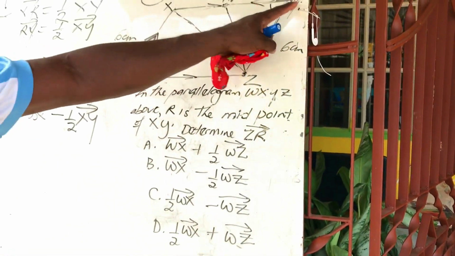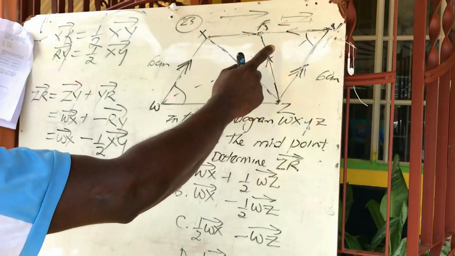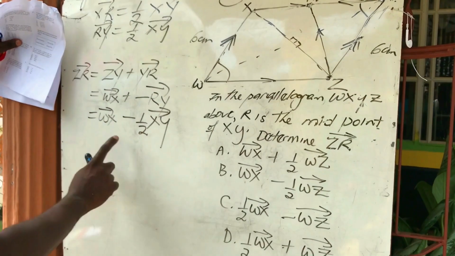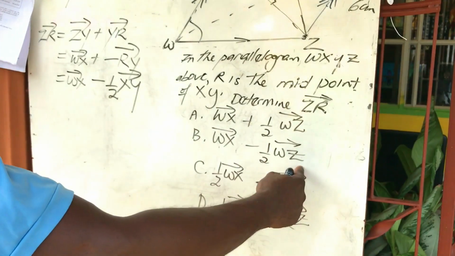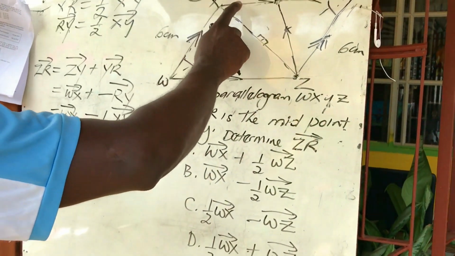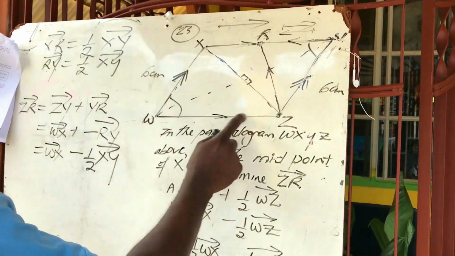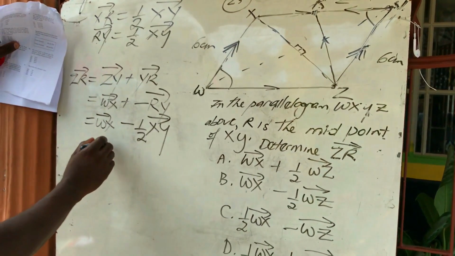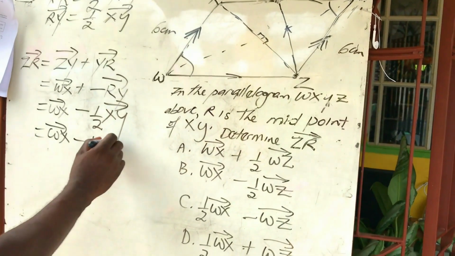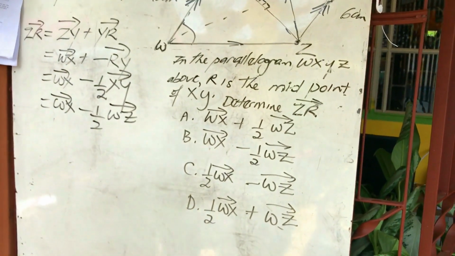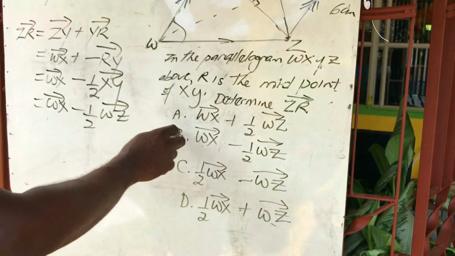But XY, remember, is the same thing as WZ. So when we check, we have vector WX minus a half of WZ. We simply need to replace vector XY with WZ. And here, our answer clearly is B.